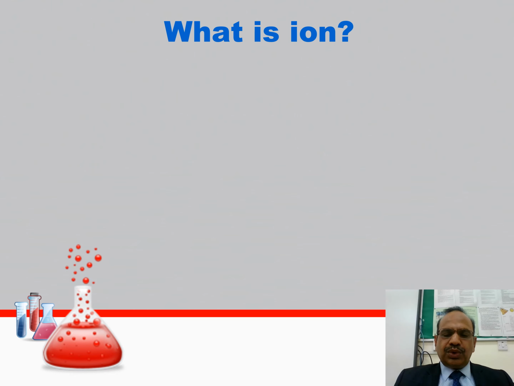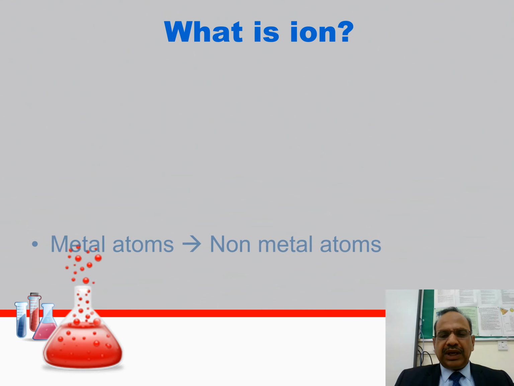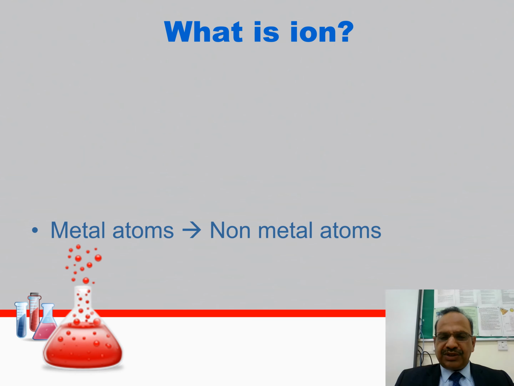As I told you, to get the electronic configurations of the noble gases, atoms may lose electrons, gain electrons, or share electrons. If any atom loses an electron, it will get a positive charge. If any atom gains an electron, it will get a negative charge.